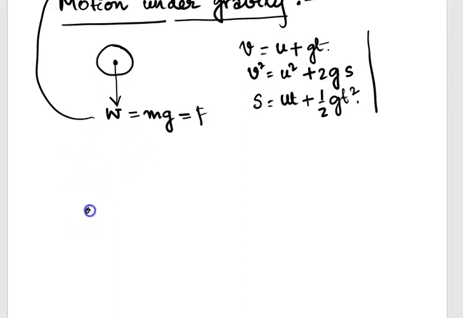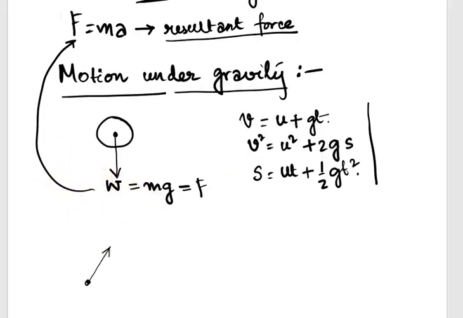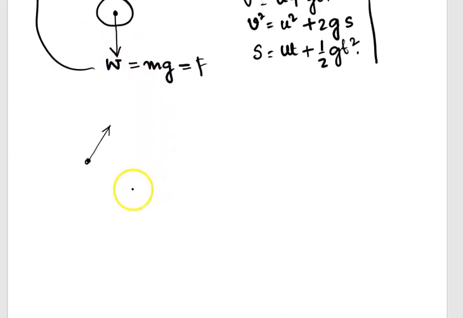So let's see. Say we have an object being thrown in this direction, and this is the ground line. Say roughly this is the ground line.